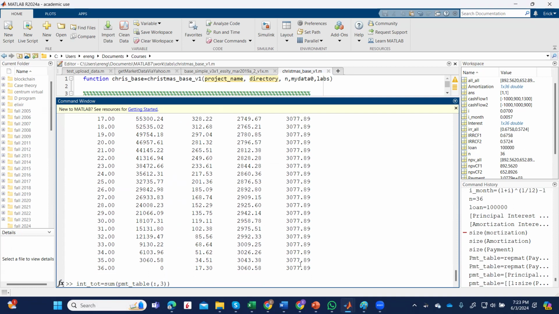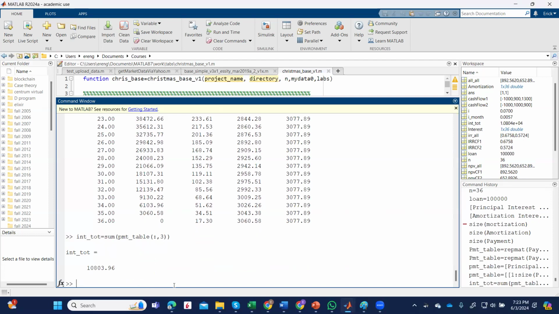So if someone is asking me, okay, give me the total of interest you're going to pay during these 36 months, it's simply the sum, where the data comes from payment table, where exactly, all rows, column number 3. So this is the amount of money I'm paying, guys, for this loan here. You get the same number?